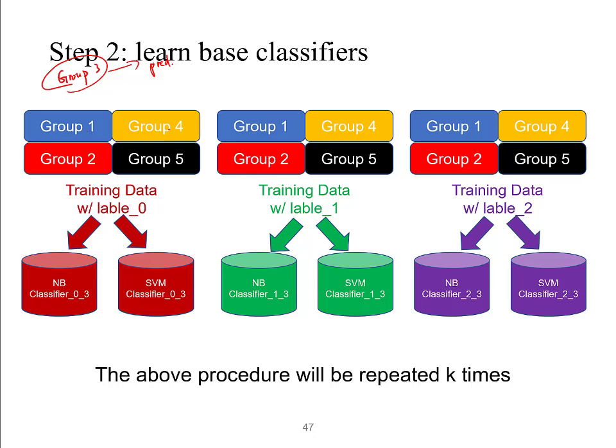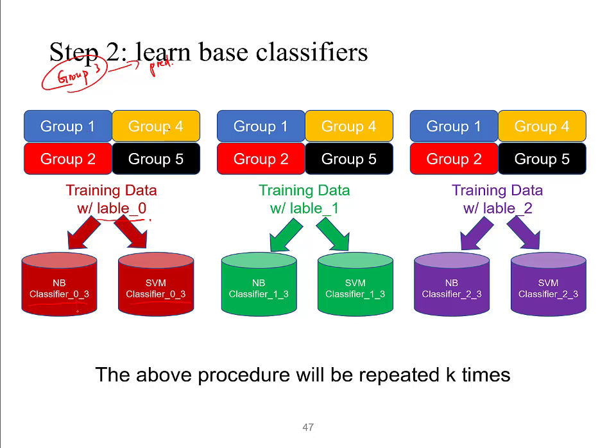We first train the base classifiers with label 0, because with label 0 we train the classifier to classify whether the label is 0 or not. So in order to do that, with this training data with label 0, we need to train 2 classifiers, which are naive Bayes and SVM.